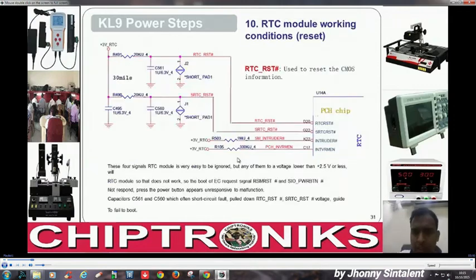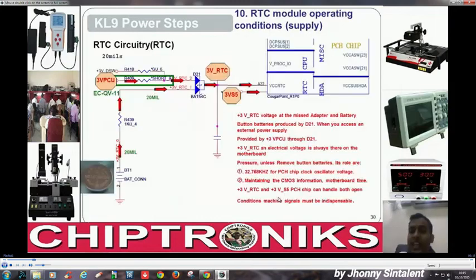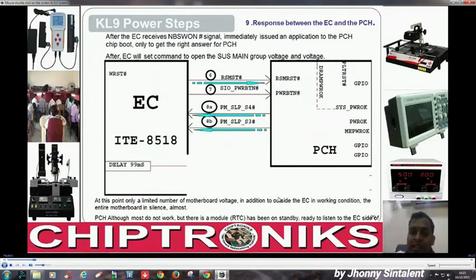This was one of the cases we have encountered in our lab: these capacitors were shorted. If this capacitor is shorted, your RTC section won't work, and if your RTC section doesn't work, then your PCH obviously can't work, and hence it will not release these two signals, and your motherboard won't turn on.